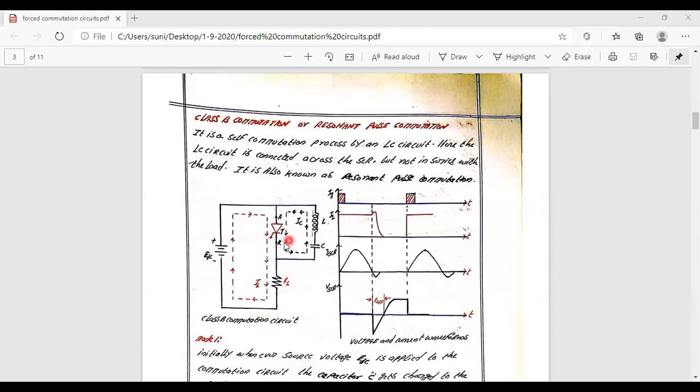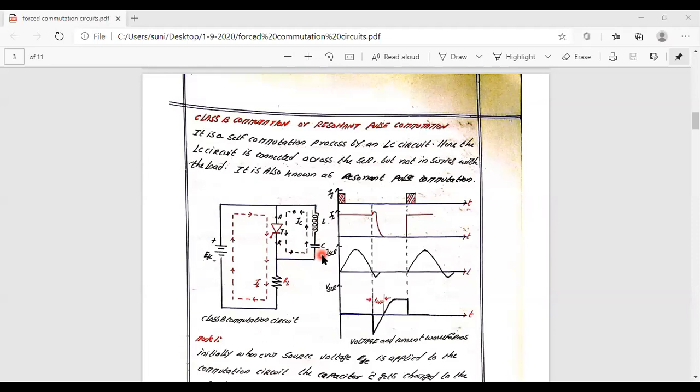So the capacitor is charged with the upper plate positive and the lower plate negative. This is mode 1, in which the capacitor acquires a positive charge on the upper plate and a negative charge on the lower plate.